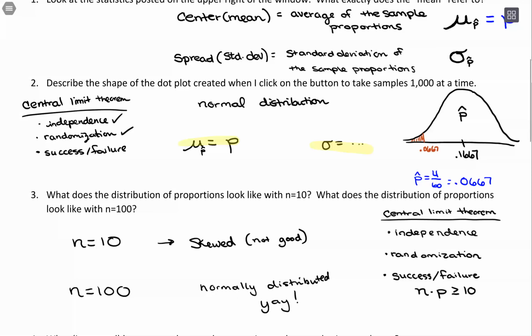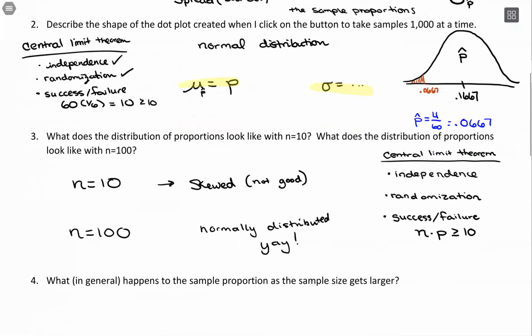So for success, taking the sample size times our probability of success, so 1 out of 6, which in this case is equal to 10, which is in fact more than or equal to 10. So we're good for the successes, but we also need to check the failures. Some notation we're going to see here is kind of linking to binomial. If p is our probability of success, then q is our probability of failure.